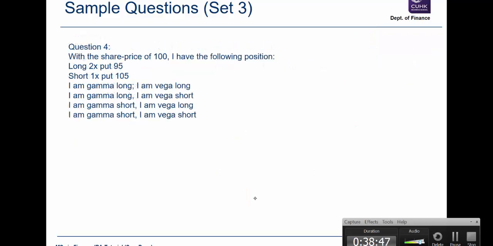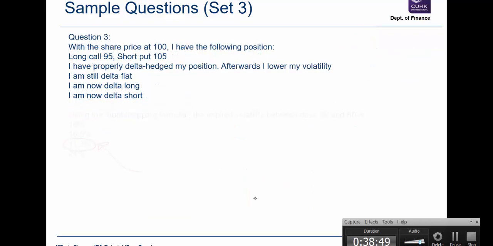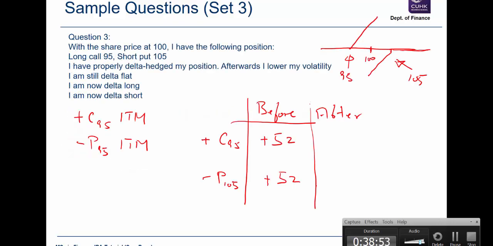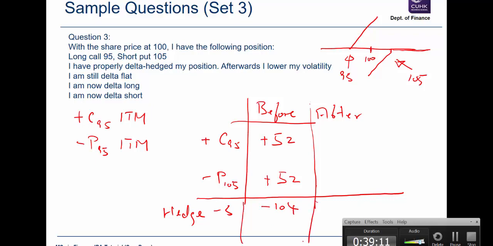You want to hedge this. In order to hedge this, you need to sell stocks, and you're going to sell around 104. So your total will be 0.